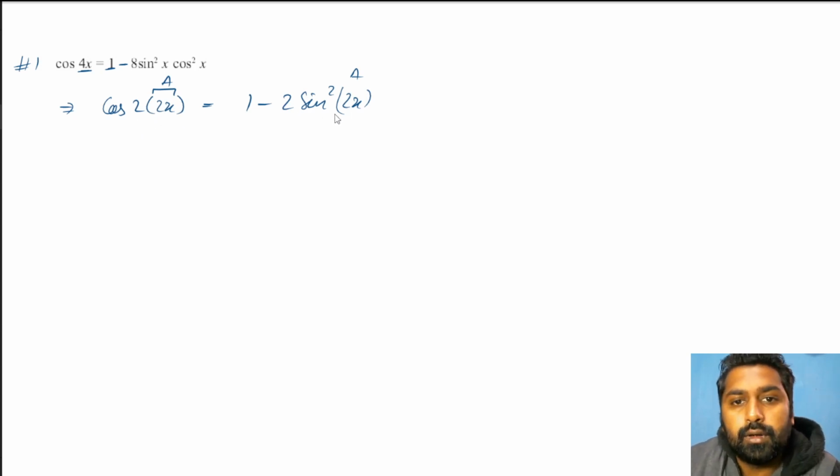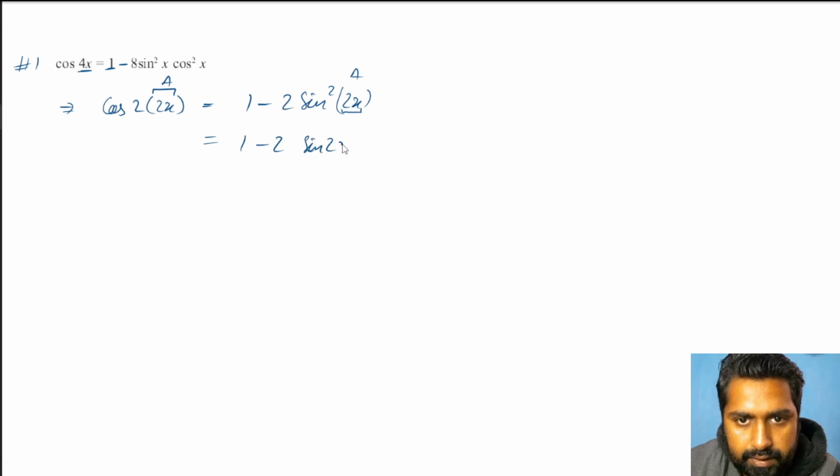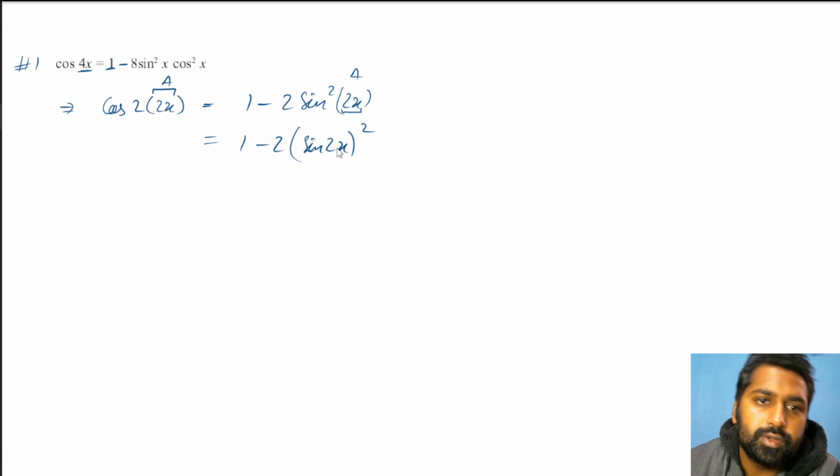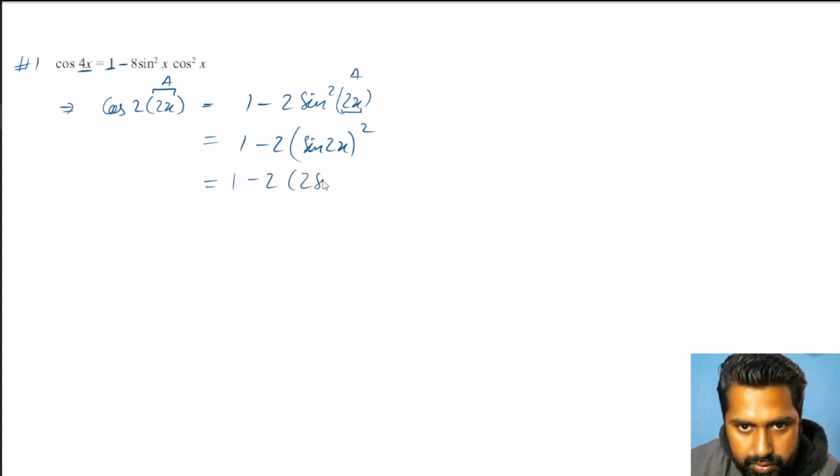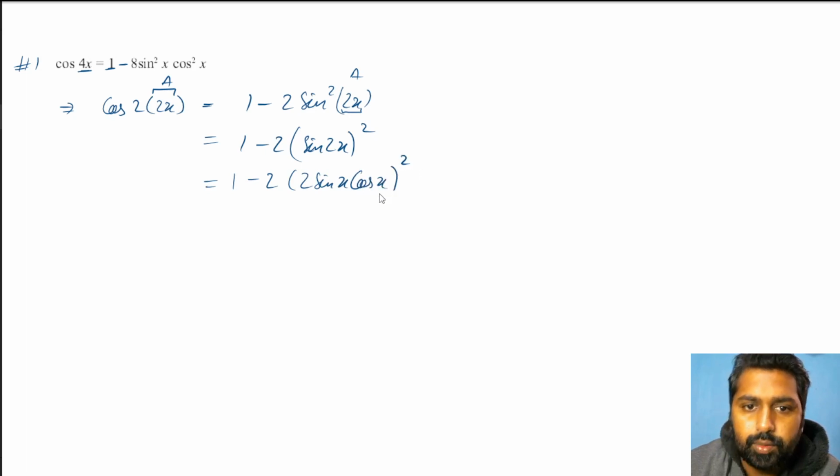Now what I can do is use the property of sine 2x. I'll rewrite this first of all, 1 minus 2 sine 2x. This is whole square, na? Basically sine square means this. Now use the property of sine 2x, that is 2 sine x cos x, and there is a whole square.